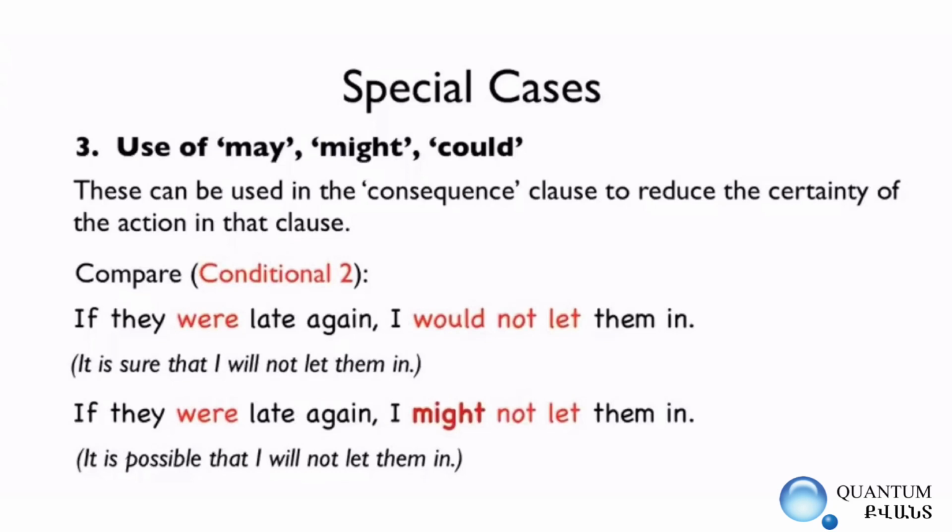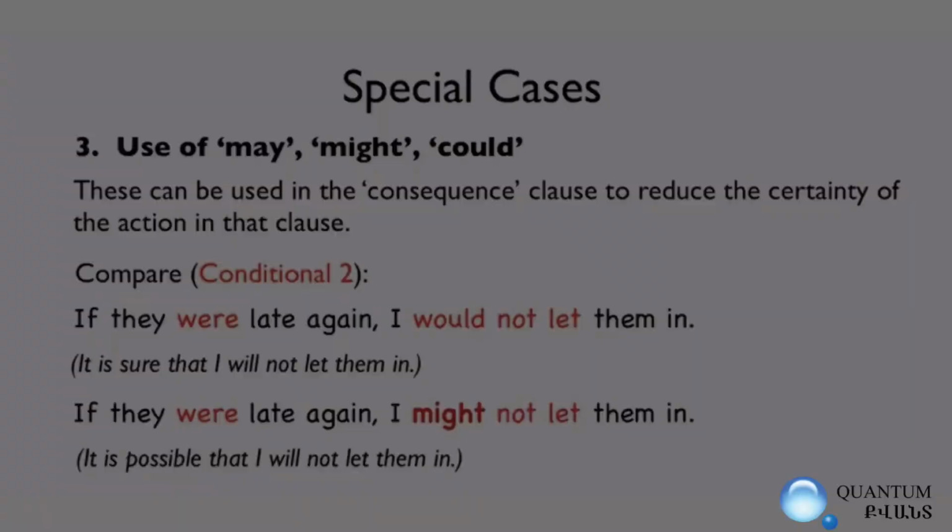It means I'm really sure that I will not let them in. And now, in this sentence, if they were late again, I might not let them in. It means it is possible that I will not let them in. This way, I reduce the certainty of the action in this clause.